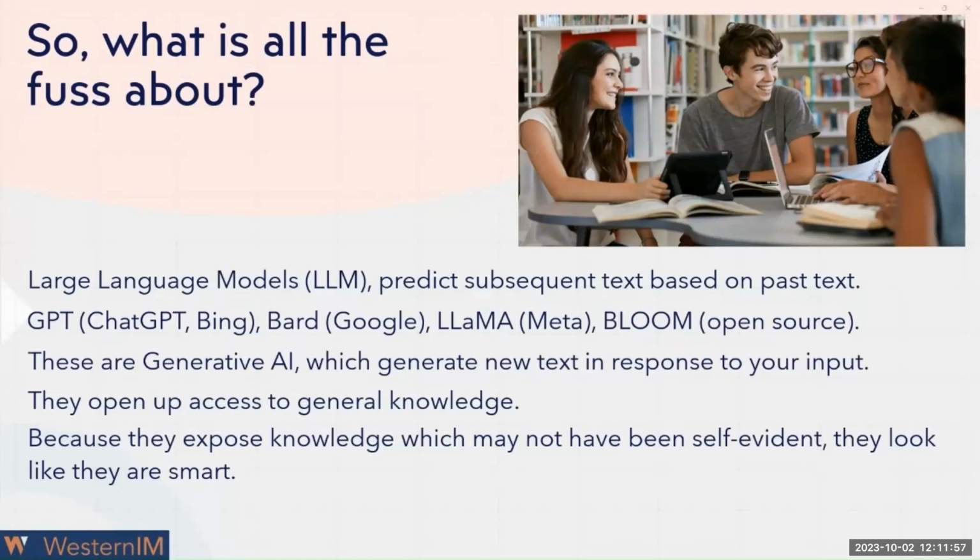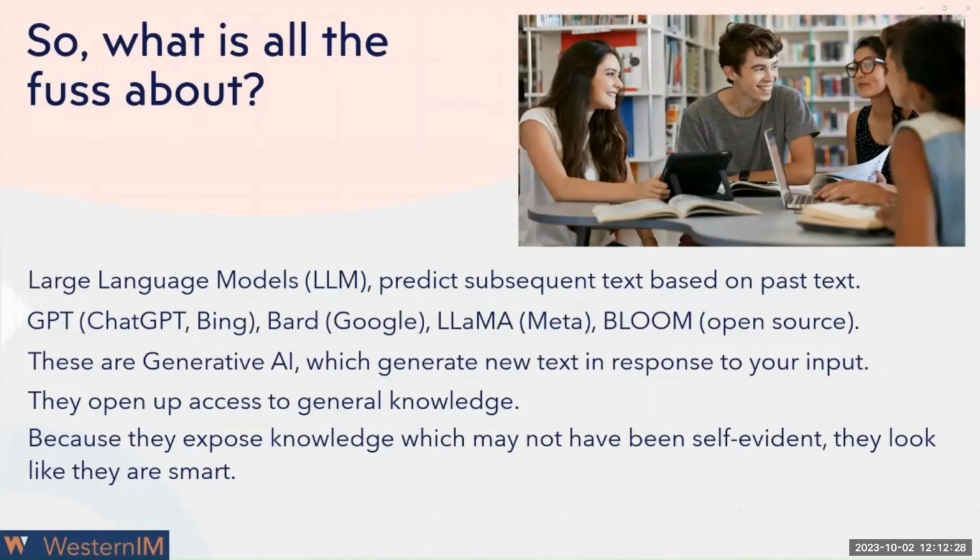For example, if the text you give it is, "What color is an elephant?" it has analyzed enough text to know that when the words color and elephant are combined together in the form of a question, then the text that is expected to follow will be some form of "an elephant is gray." In this way, large language models encapsulate general knowledge about the world beyond simple lists of facts.